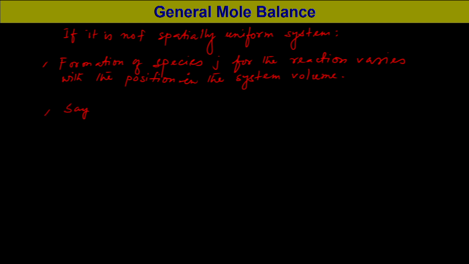Say, if we consider Rj1 at location 1 with small volume delta V1 and Rj2 at location 2 with small volume delta V2.